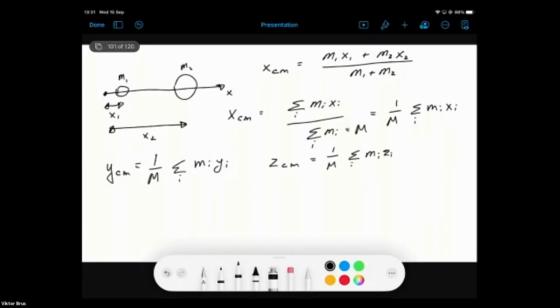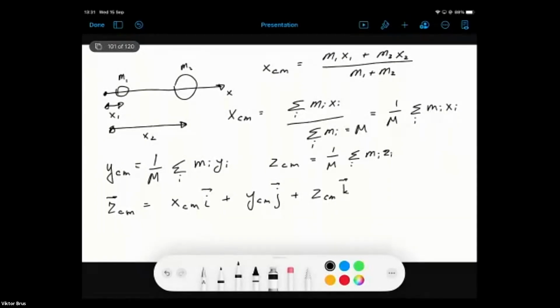It is quite convenient to define the position of this center of mass with a position vector. So our position vector of the center of mass will be equal to x_cm times i unit vector plus y_cm times j unit vector plus z_cm times k unit vector.